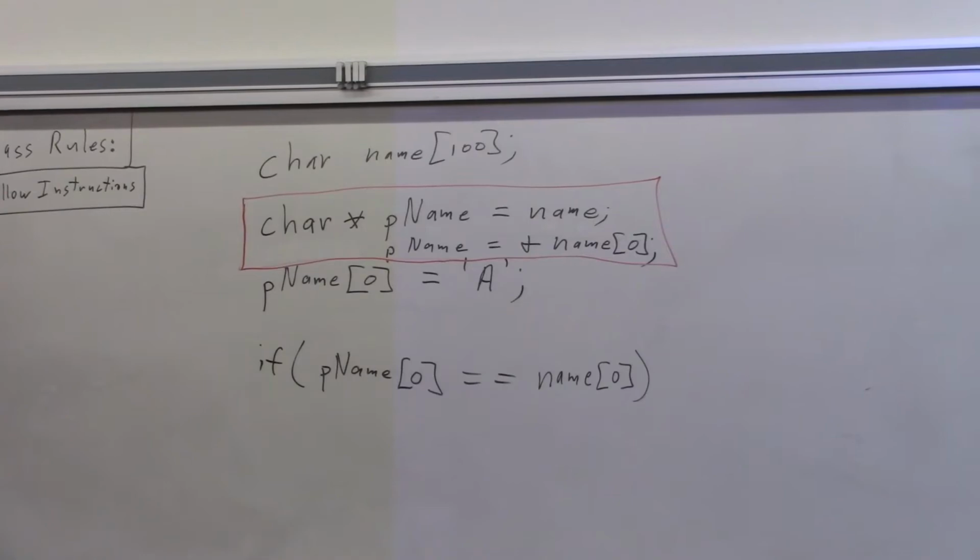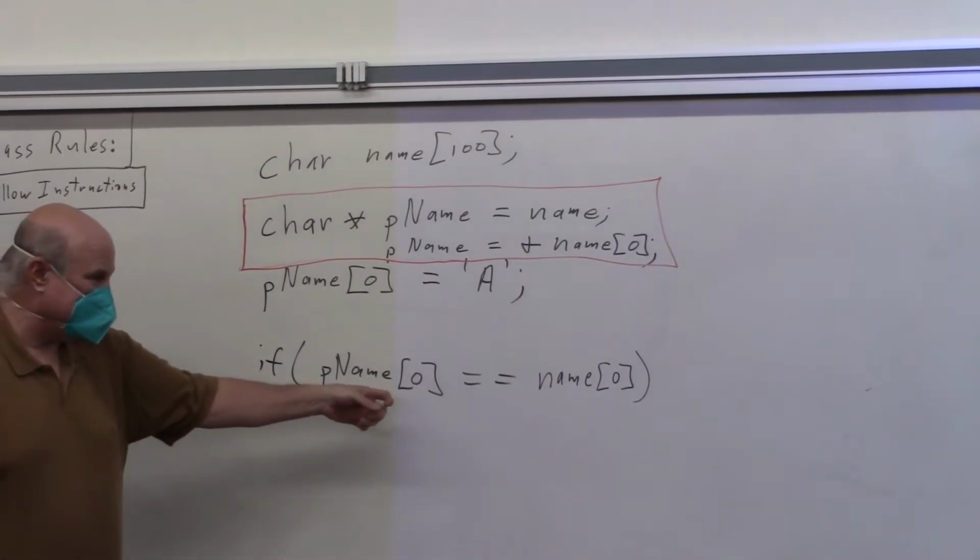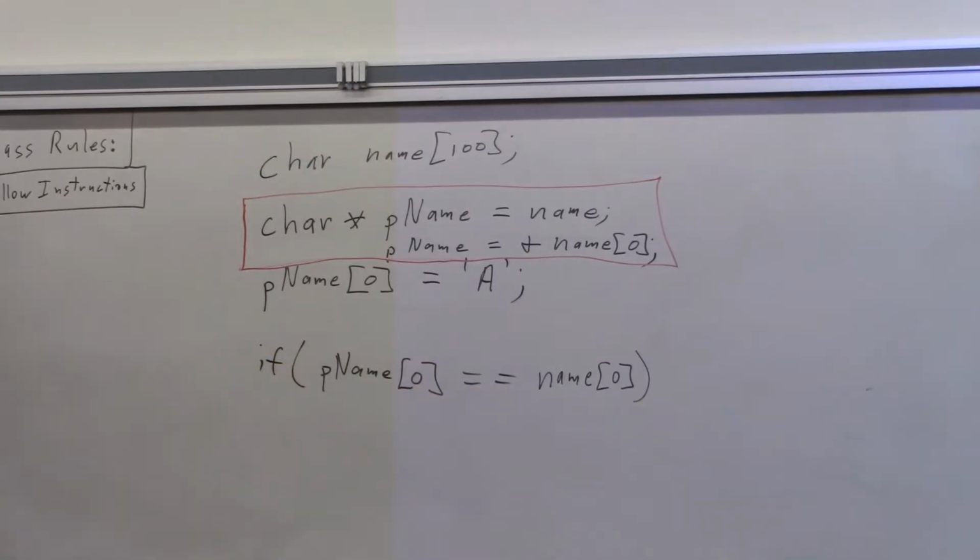Any questions about why those are the same? You'll probably have questions. Go home, read your books, look up references, understand why they are the same. Understand why this if statement returns true, because an array is a pointer all by itself when you do not subscript it.